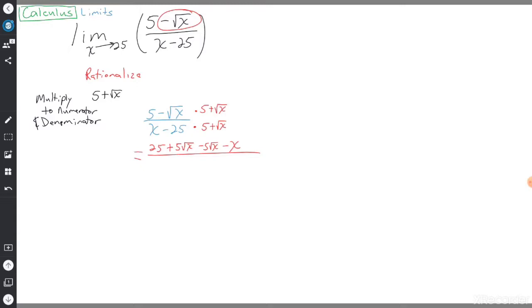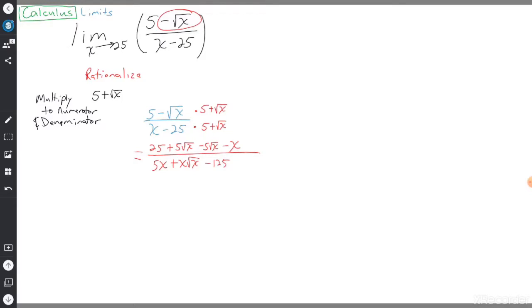Looking at the bottom part, doing the same thing, we multiply. First terms give us 5x. The outer terms give us plus x square root of x. The inner terms, negative 25 times 5, so negative 125.